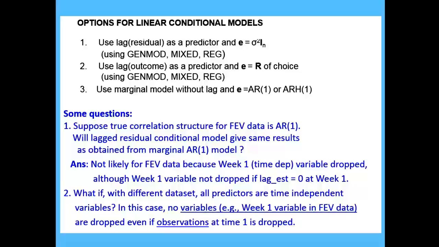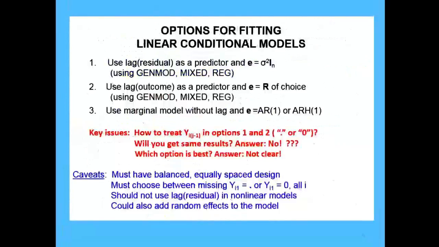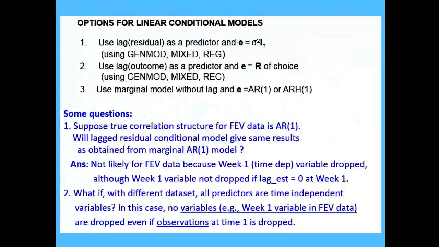So one question you might have is: if the correlation structure is not necessarily AR1, and you try these three different approaches, maybe you won't get the same answer because the original data set's not AR1. But I wonder what would happen if the data set was AR1. Would you get the same answer?